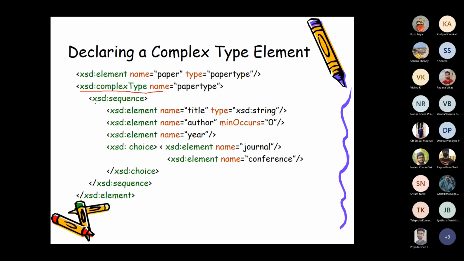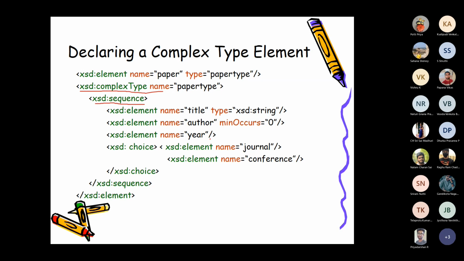Now XSD sequence: in what order should things come in the complex type? First, there is a title element whose type is a primitive data type, that is string. Now author, for which you need to specify the type, and minOccurs is 0. That means it may or may not occur.